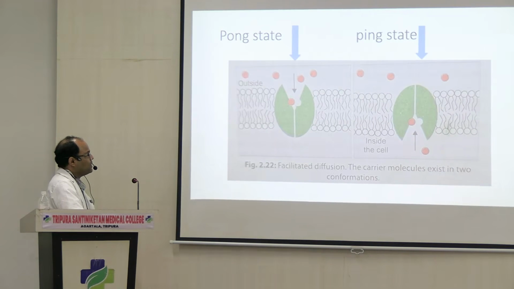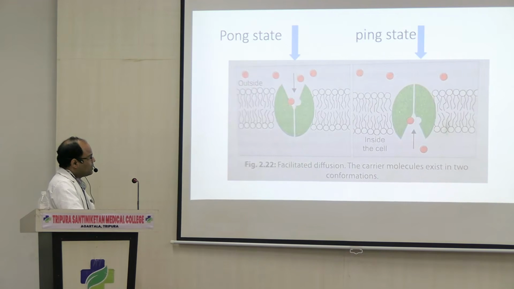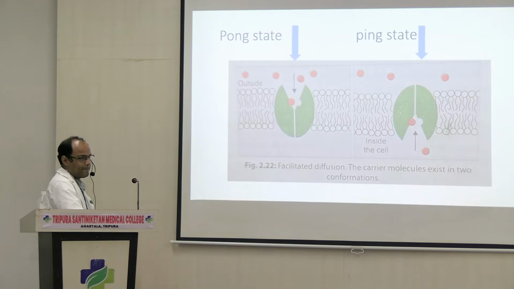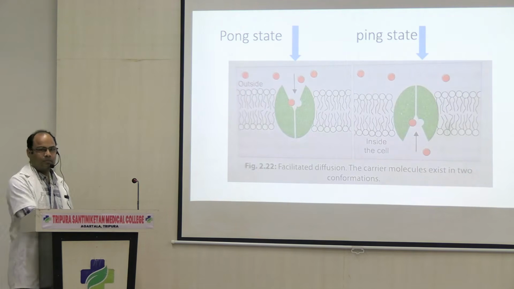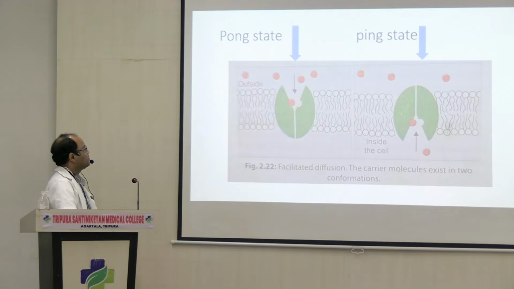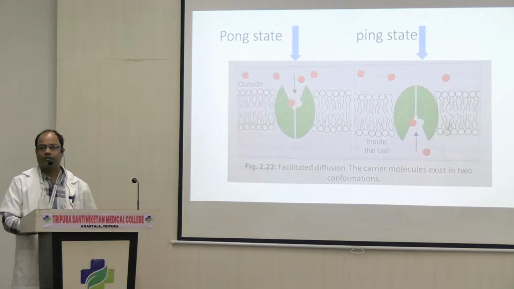This is called the ping state, and then the solute is detached from the protein and released inside the cell. Then the protein goes back to its previous conformational state, the pong state. Very easy mechanism. This is called the ping pong mechanism. This is one type of facilitated diffusion.